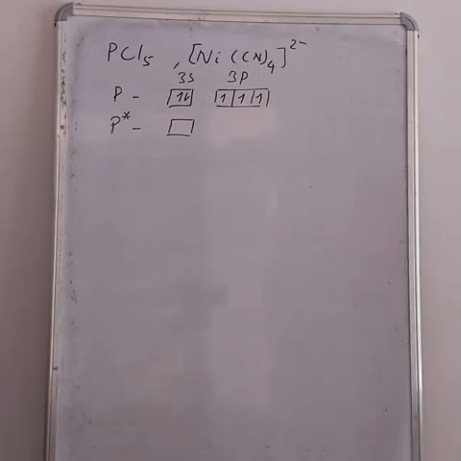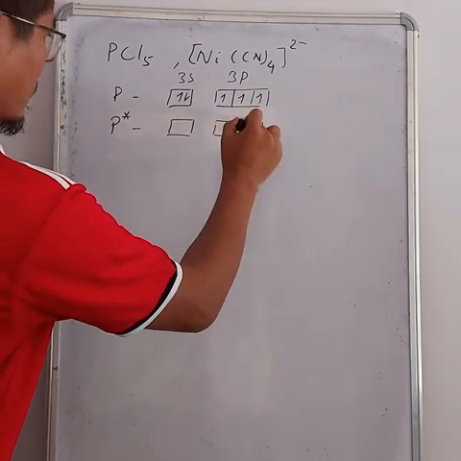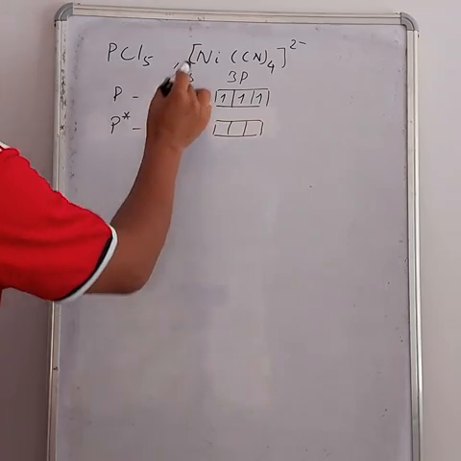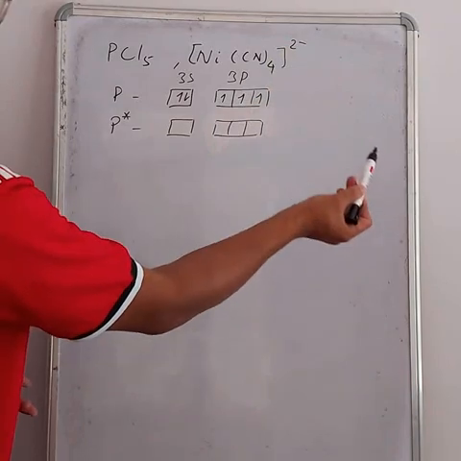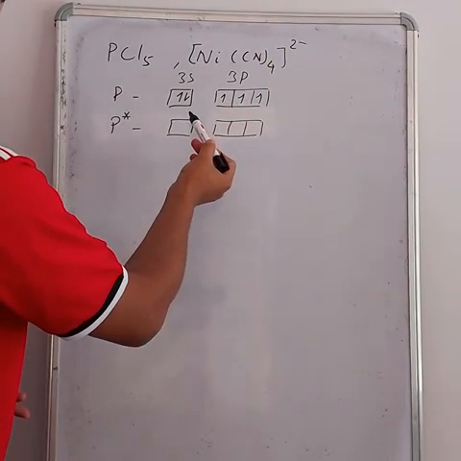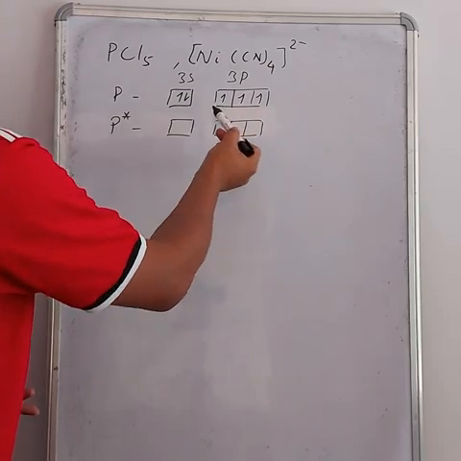Now in phosphorus, in the excited state, one electron from the s orbital will migrate to a higher orbital, but here the electrons are already symmetrically placed.